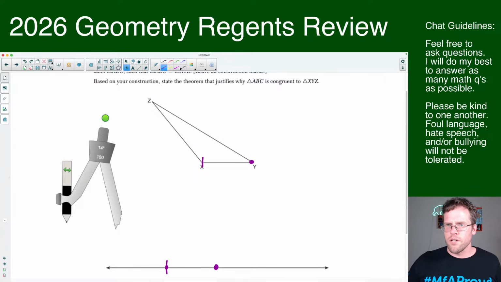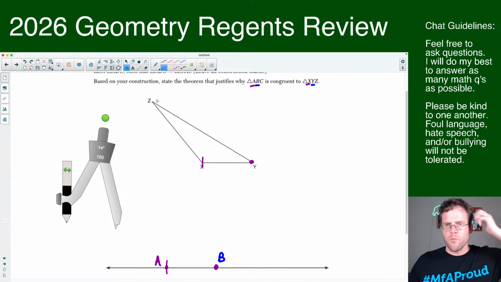Y is the second letter, B is the second letter, so I'm going to call this point B. X was letter number 1 and A is letter number 1, so this would be my letter A. So here's A and B.